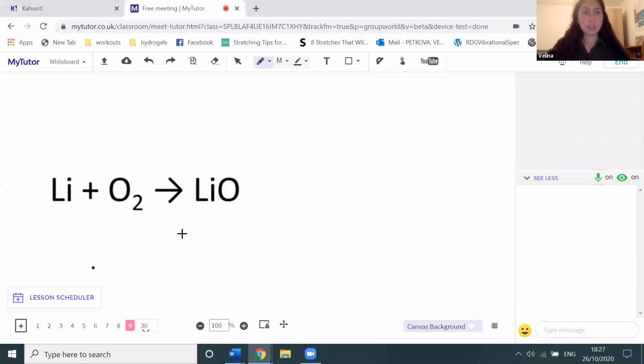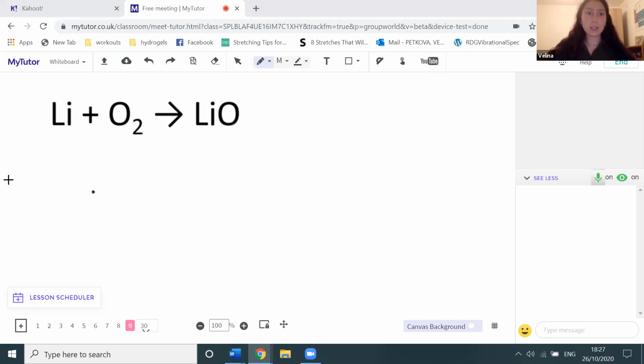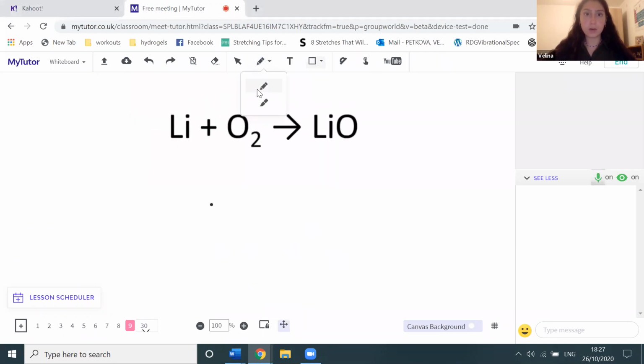Okay, so let's try this example then. Some of you guys I can see have tried to attempt it in the chat, and most of you guys have got it correct, perfect. So yeah, let's start again with let's see how many atoms we have on either side of the equation. So Li, let's see.